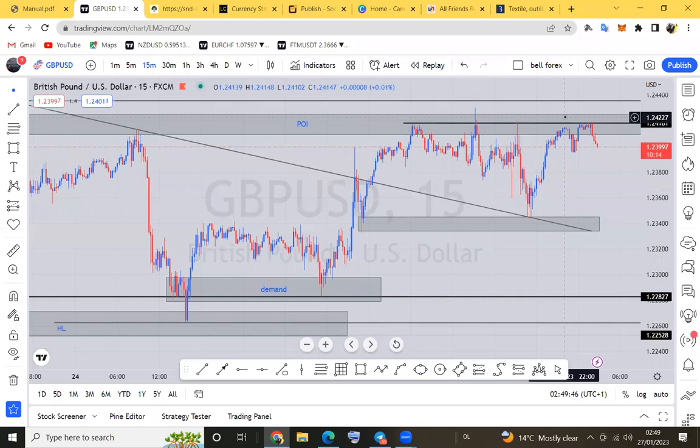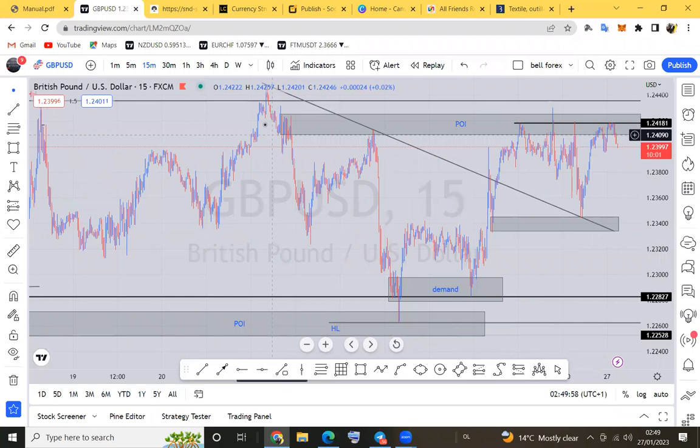So my friends, if you are able to identify a point where a big institution enters a trade, you just need to wait for price to come back to that. And you can see again, when market went back to this point of interest, where it was firstly mitigated here. This is the first mitigation, price touching that point.